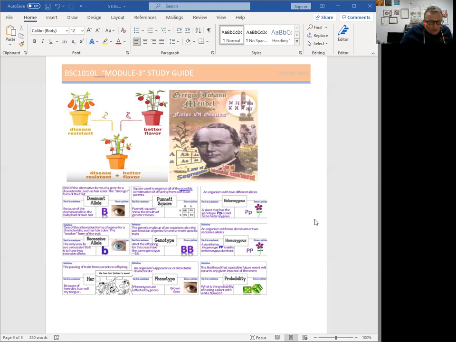If all results are purple, then the unknown must be homozygous. If it is a half and half distribution, then it must be heterozygous.